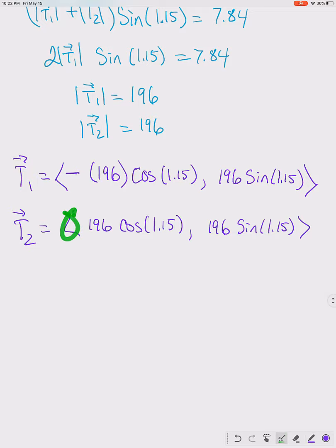And I've just chosen to write it in this vector format instead of the IJK format.